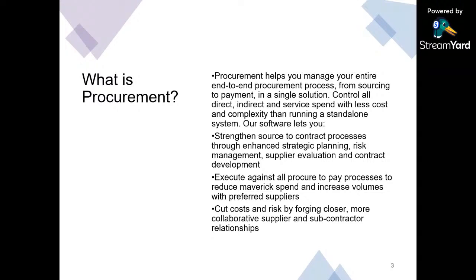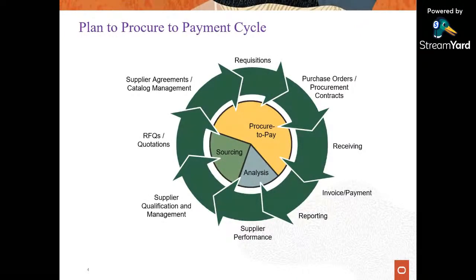So this procurement is something which occurs at every corner of the globe and every nook and corner of the globe. And here I'm going to cover what is a procure to payment cycle. So this particular diagram, it's like a circle. I would call this a life cycle of procure to pay.